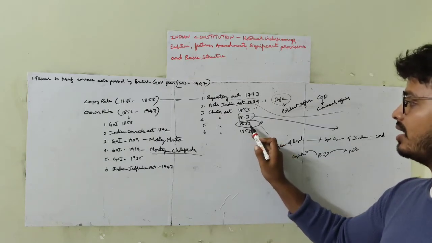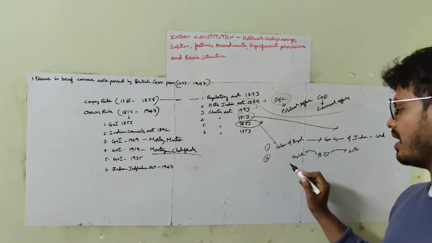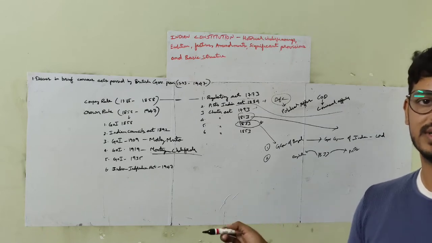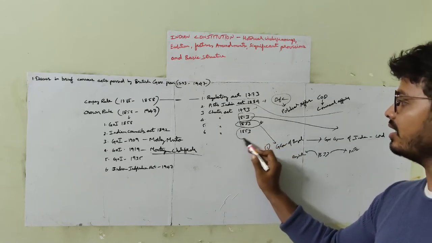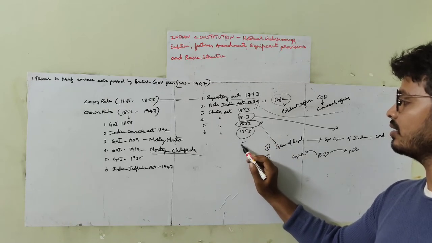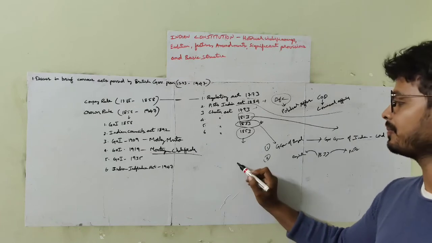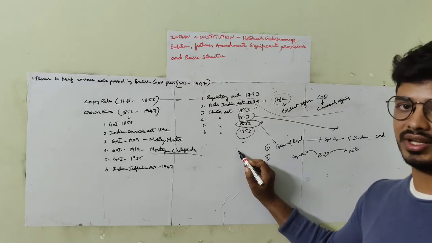Okay, 1833 Act, East India Company was made a purely administrative body, and the open competition of the civil servants was negated in the 1833 Act, and reintroduced in 1853, Charter Act of 1853.